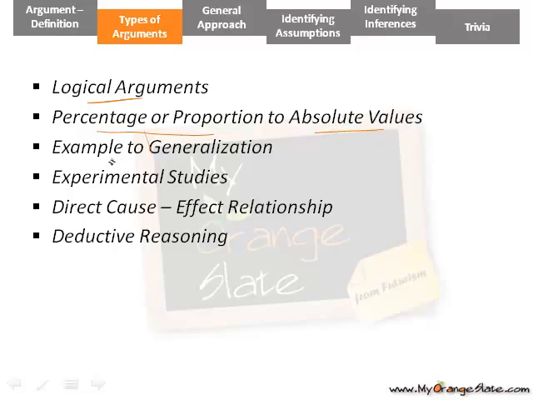The argument that generalizes an example given, or the argument that generalizes experimental studies or results of the experimental studies. In some cases, you have direct cause-effect relationship between the premise and the conclusion. And some of the arguments are based on deductive reasoning. We'll see each one of these in detail.